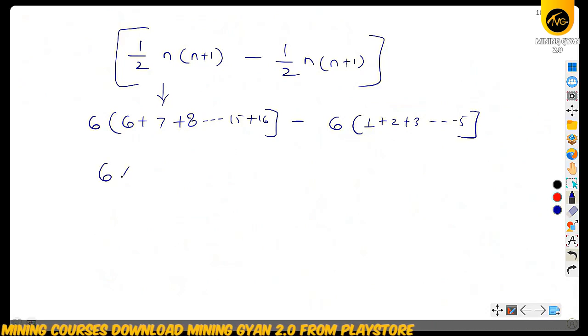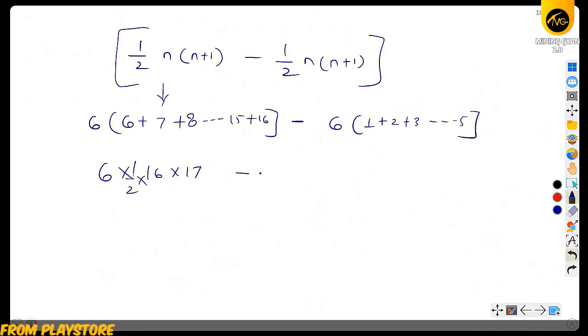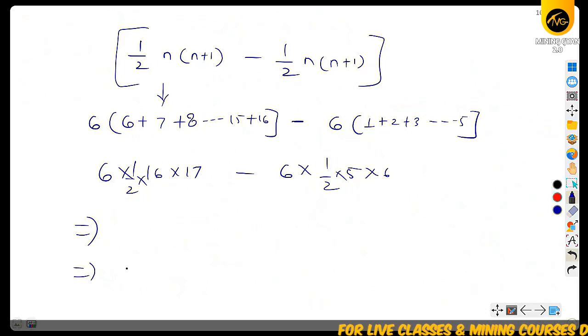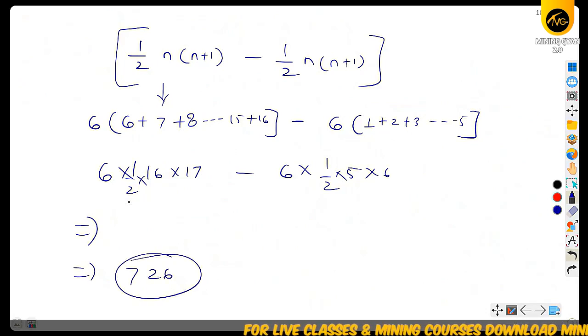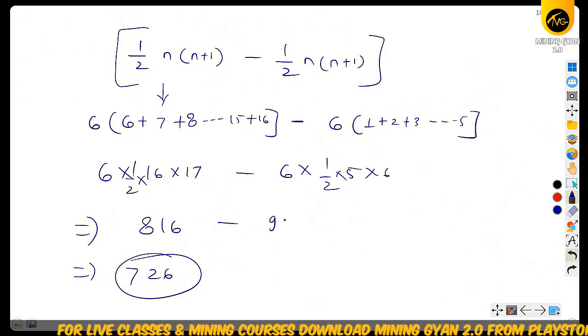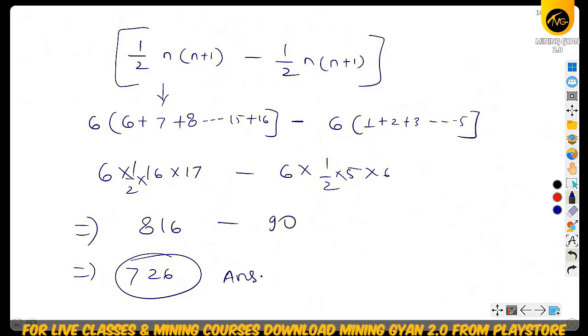Similarly, 6 into 16 into 17, with 1 divided by 2 also there. So minus 6 into 1 divided by 2, where n is 5 and 6. Just solve and you get the final answer 726, because this will be 816 and this will be 90. So the answer is 726. Now I hope it is clear.